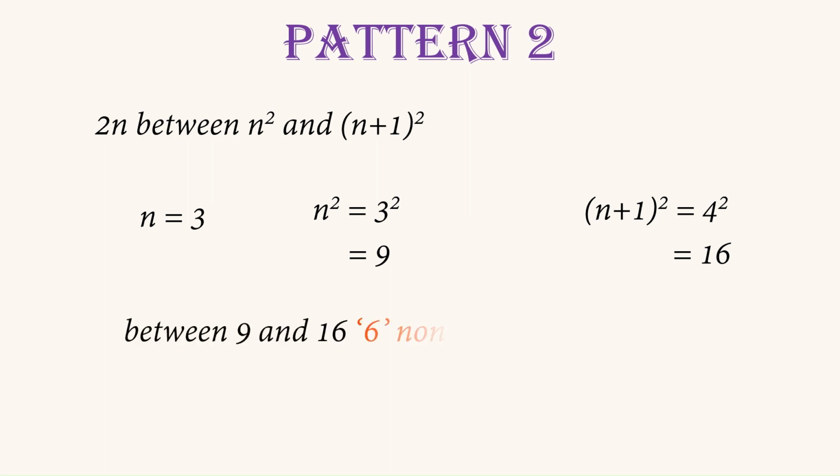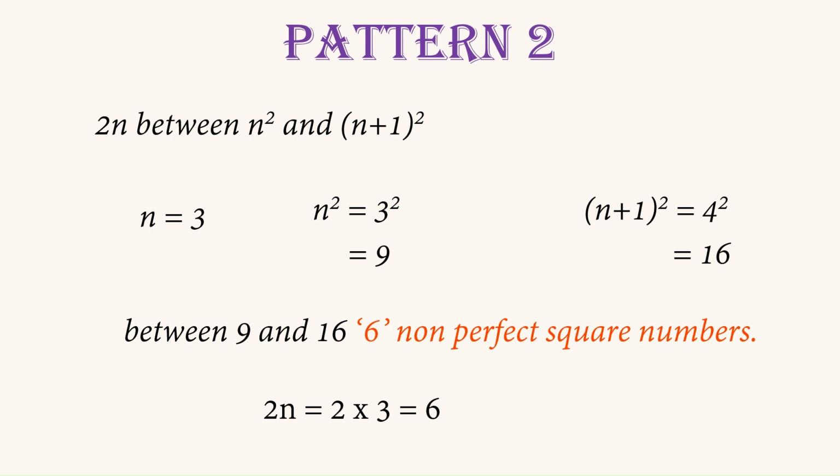Between n square and n plus 1 square, we have 6 non-perfect square numbers. So as per the pattern, whatever we have learned, there should be 2n non-perfect square numbers. Let's substitute the value of n here, that is 2n means 2 into 3, which is nothing but 6. So in both cases, we have got 6 non-perfect square numbers between 9 and 16.